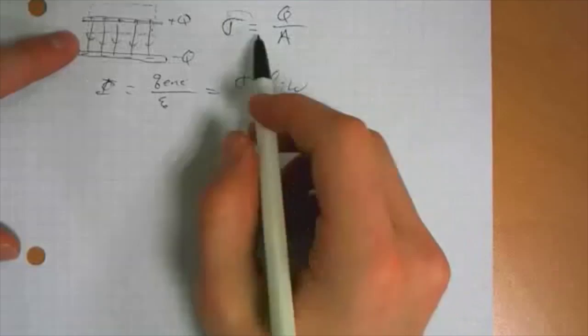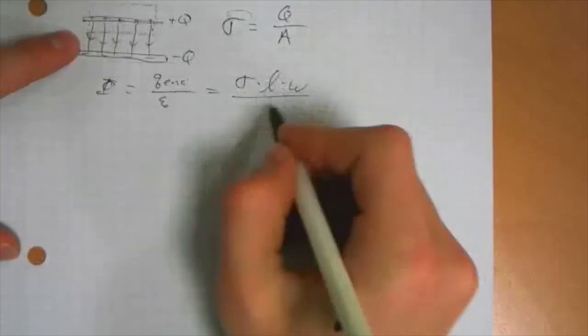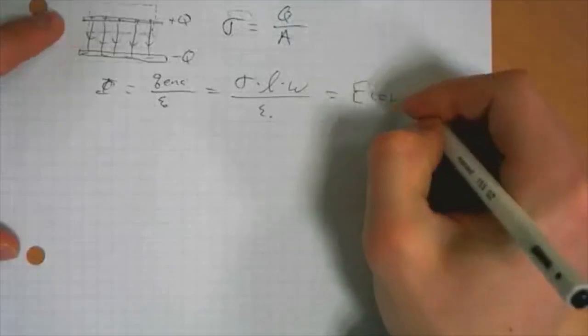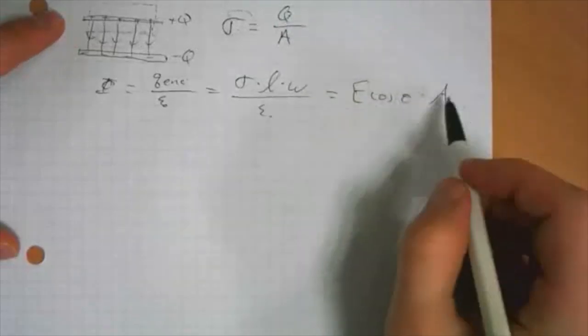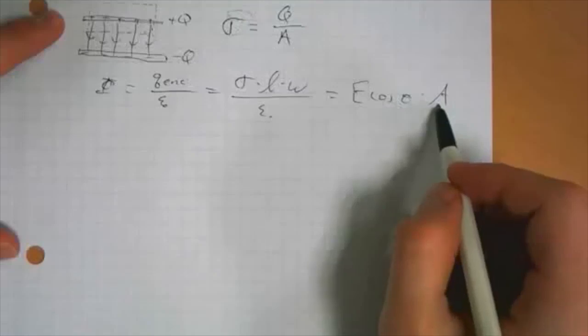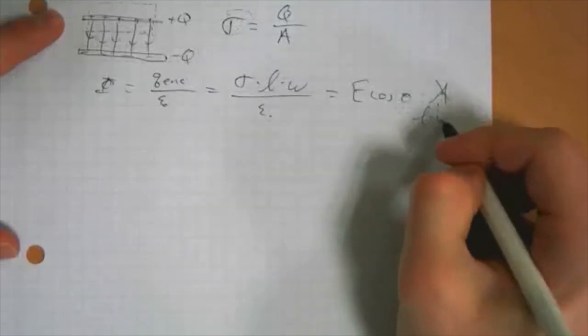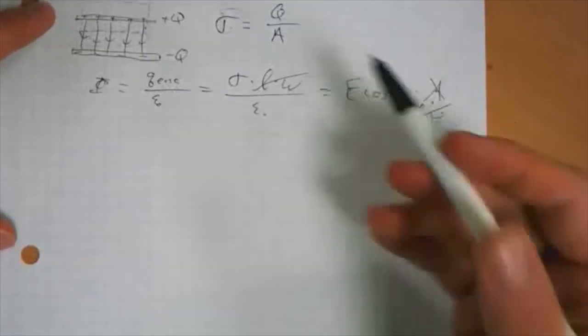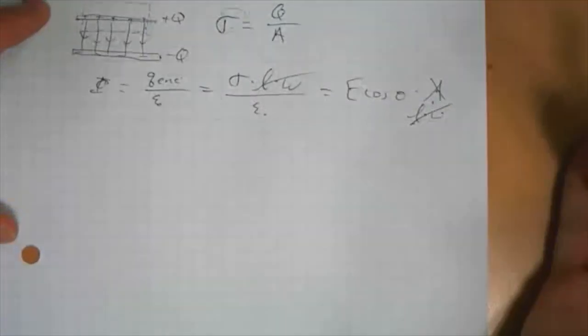So that's the charge that's enclosed, over epsilon naught, and we set that equal to our E field times cosine theta times our area. And well, this area is also length times width. So actually, those areas cancel out, because the enclosed charge is proportional to area, but the flux is also proportional to area.